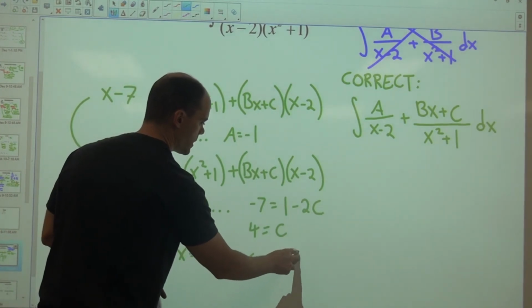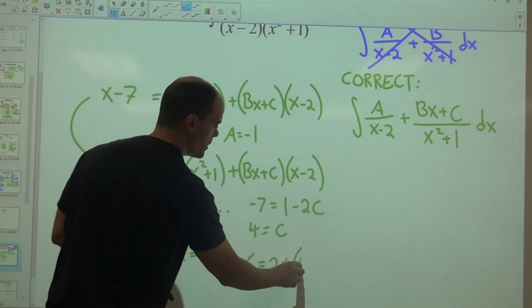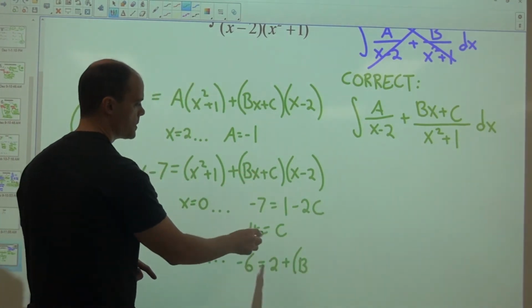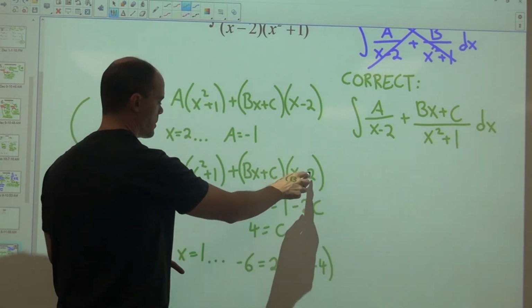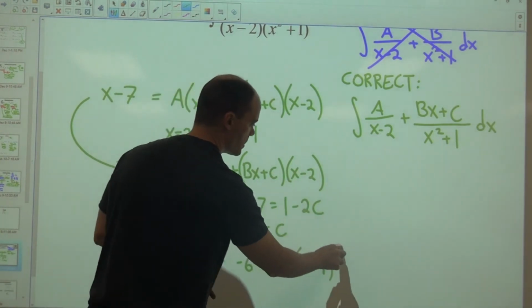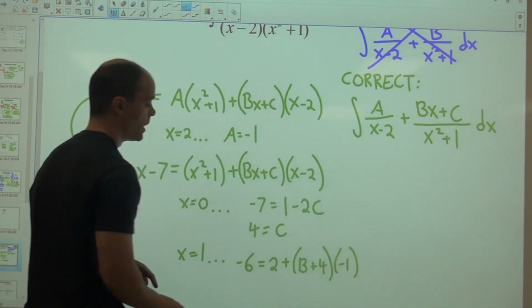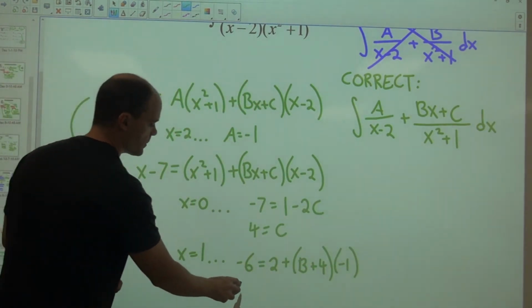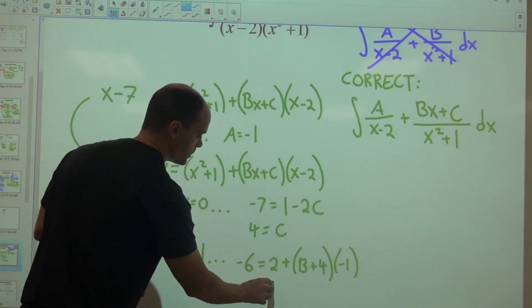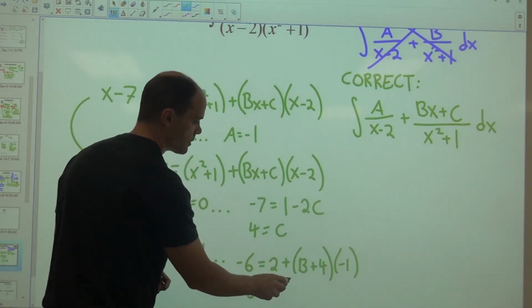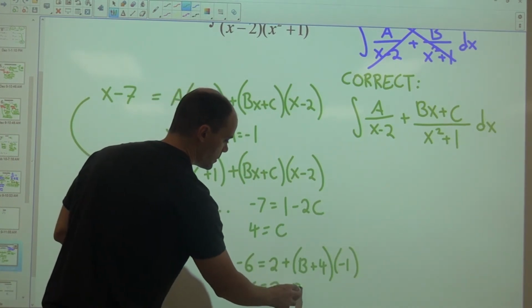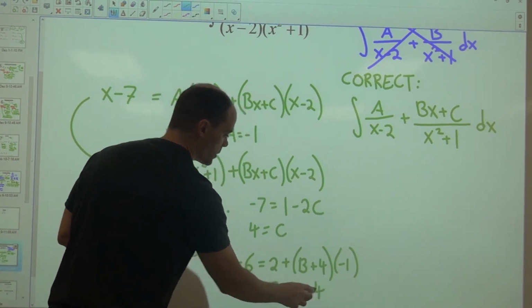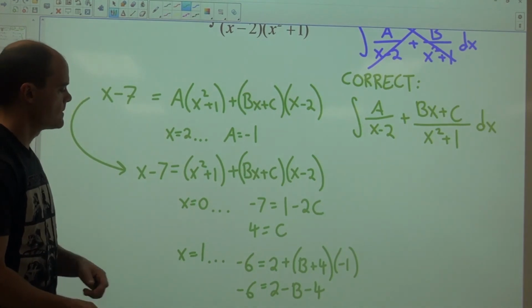So plus, I'm going to have 1b, c is 4, and then x minus 2, I said x is 1, this is going to be negative 1. So I get negative 6 equals 2, and then what do I get here? Distributing that, it'll be minus b minus 4, and now it's easy to solve.